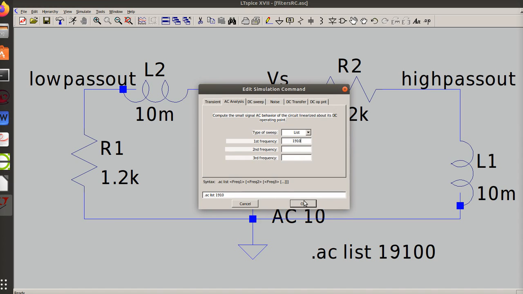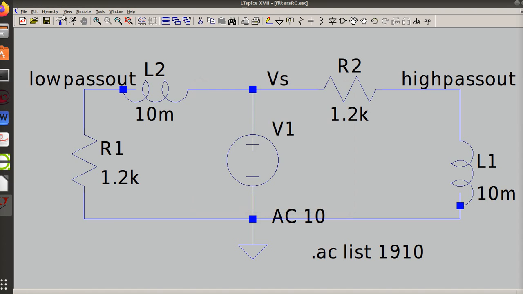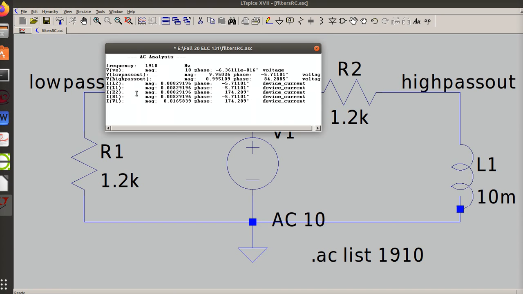And then I've gone a decade. And then I'm going to run it. Low pass should be high, high pass should be low. And so what you see is what we saw in the last one. My low pass is 9.95, my high pass is 0.995, which is less than 1, so it's 1/10 of the input signal, and this is 9/10 of the input signal. And that's 1 decade below.